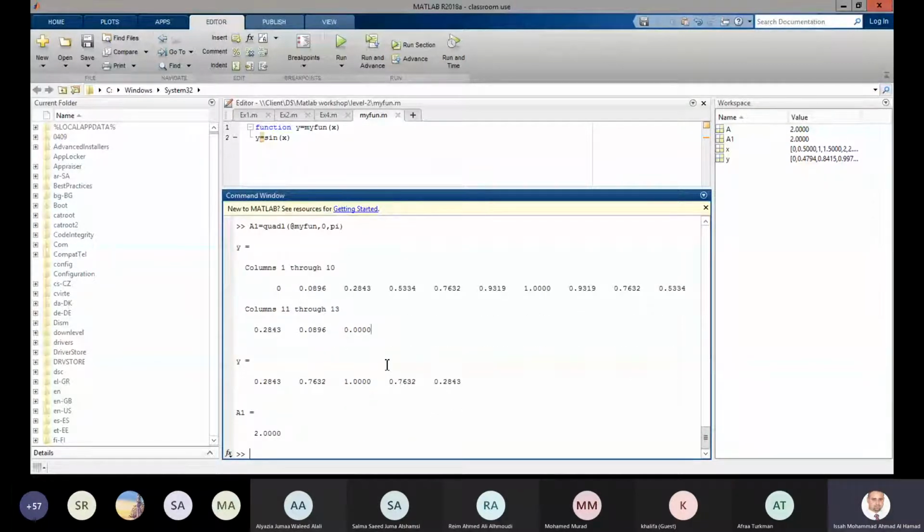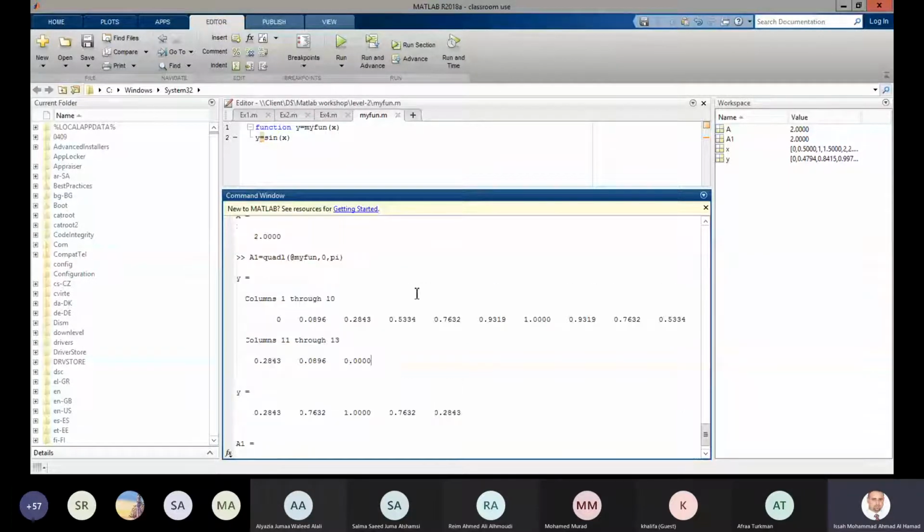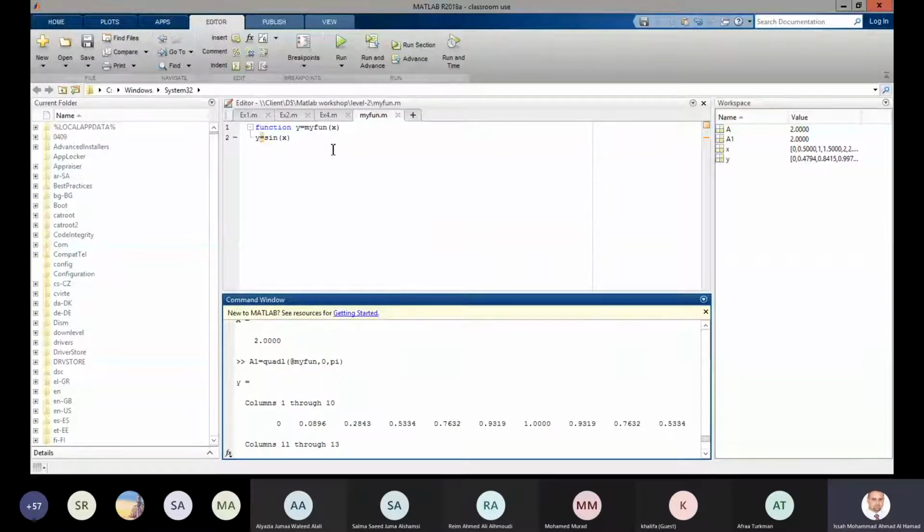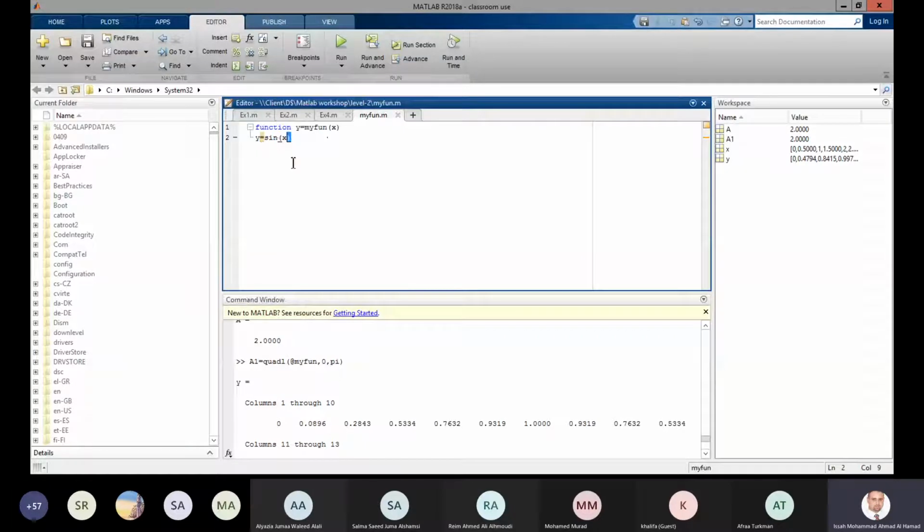Okay, so the functions are called quad and quad L. Quad for Simpson quadrature and quad L for Lobatto quadrature. Okay, now here we just define the function. We just define the function y equals sine x using the function command. Okay.